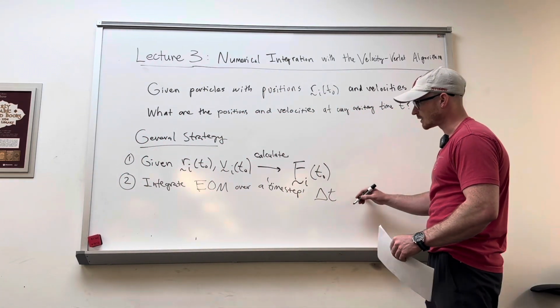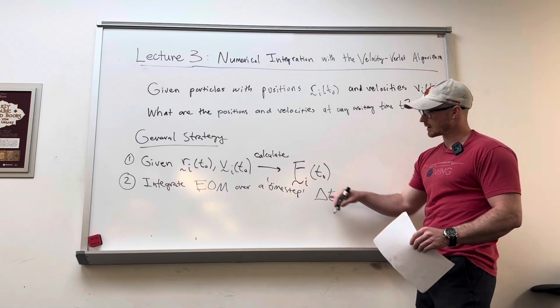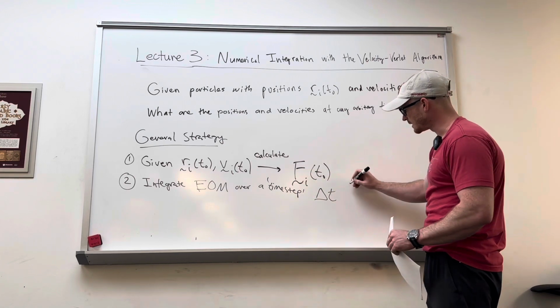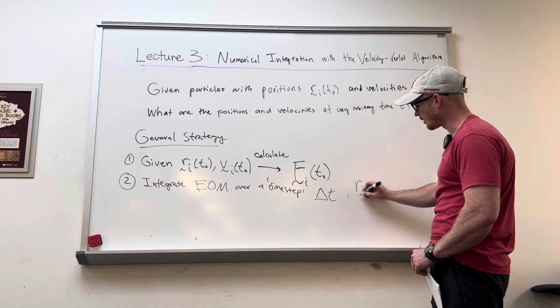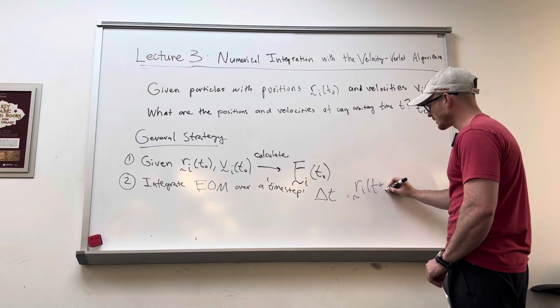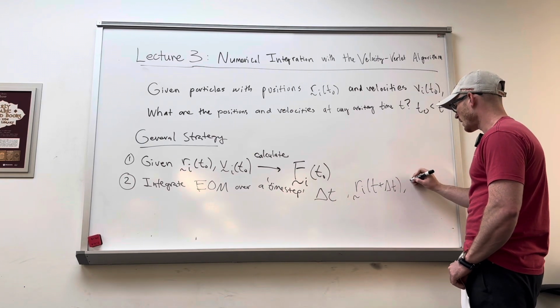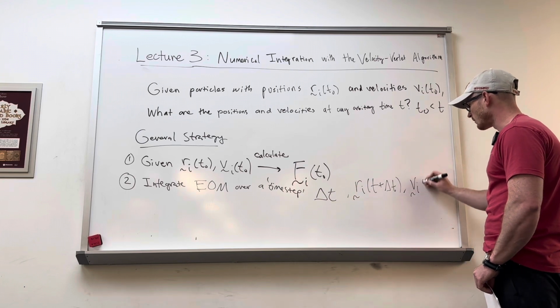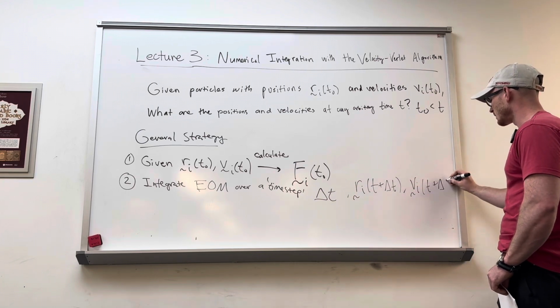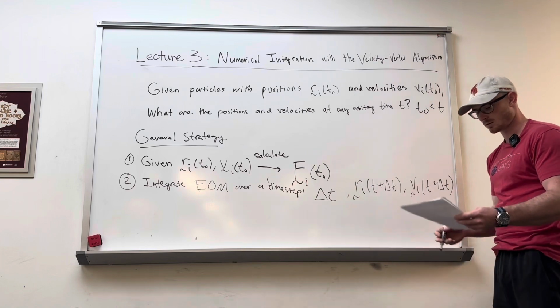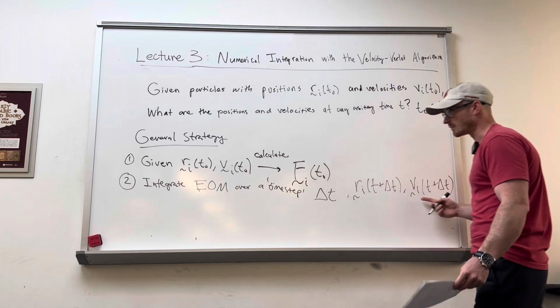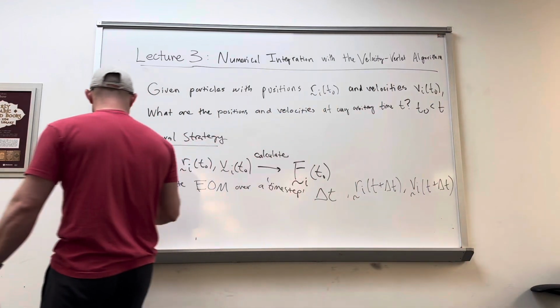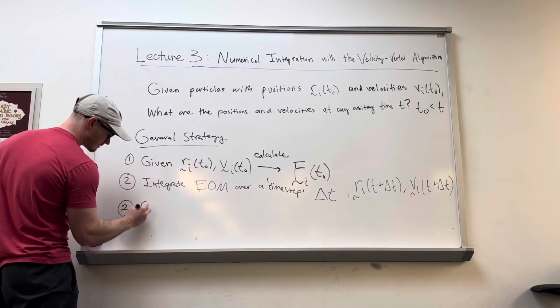And what this is going to give us, after integrating the equations of motion, are updated positions. So we're going to have some r_i of t plus delta t, and some updated velocities v_i of t plus delta t. Now, of course, once we have these, we can just calculate the new force.